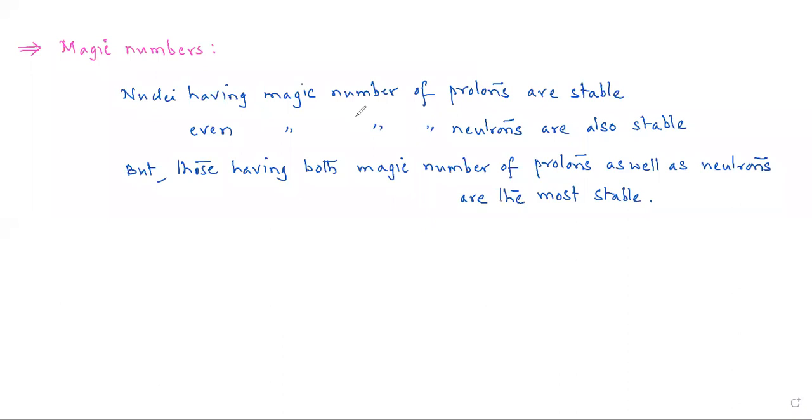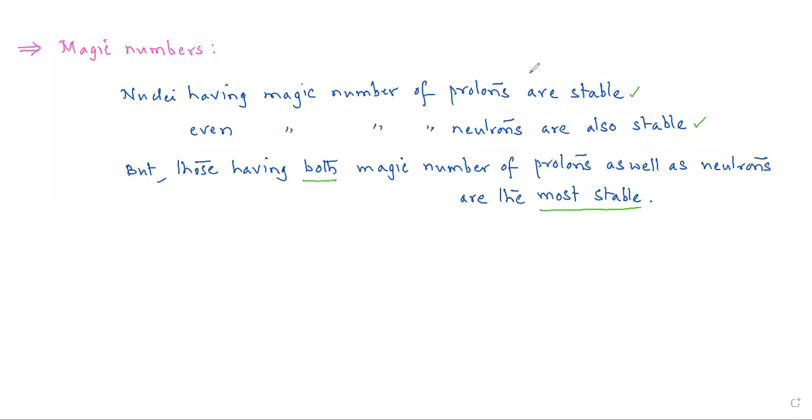If a nucleus has a magic number of protons, yes, it is stable. Even with a magic number of neutrons, it is also stable. But if both are in magic numbers, then that is going to be the most stable one among those given.